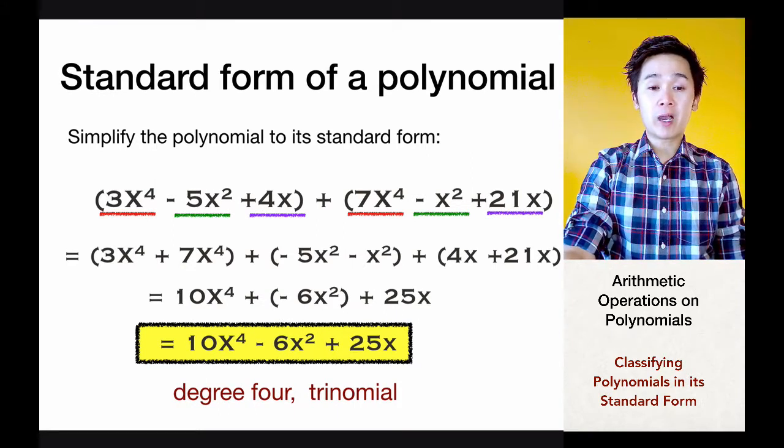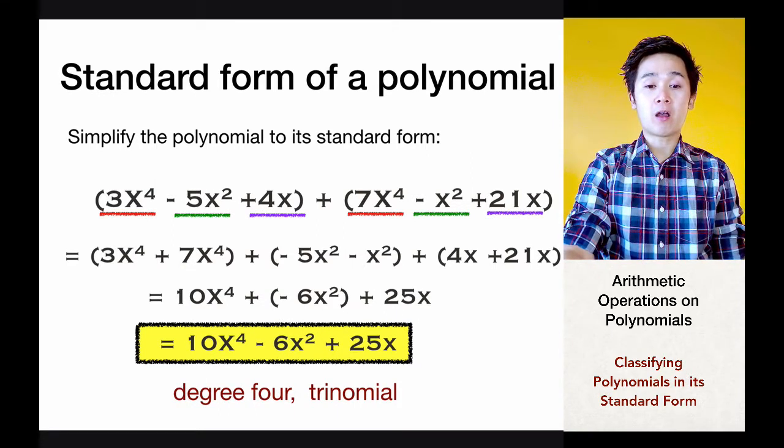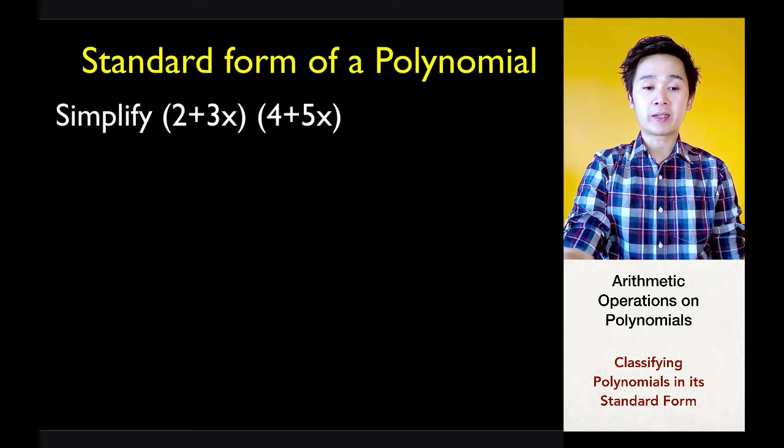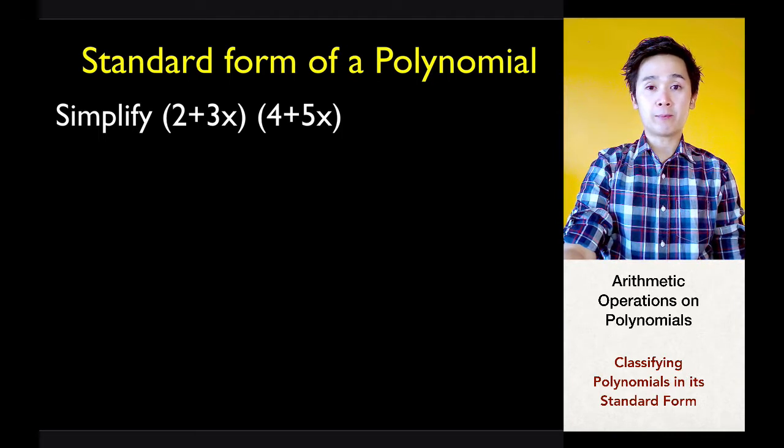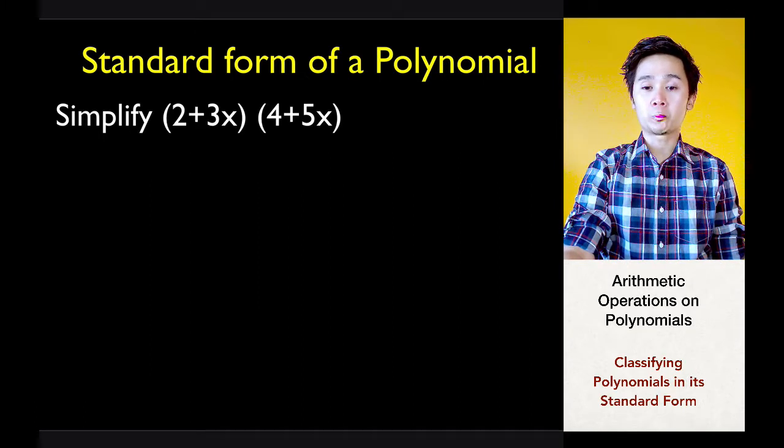Now, if we can combine like terms by addition, we can also simplify or standardize a polynomial by multiplication. Notice that in this example, we don't have a plus or minus in between the two groups. So if we're going to simplify this polynomial, we need to multiply the polynomials by the distributive property.